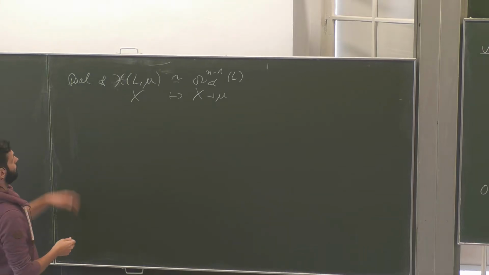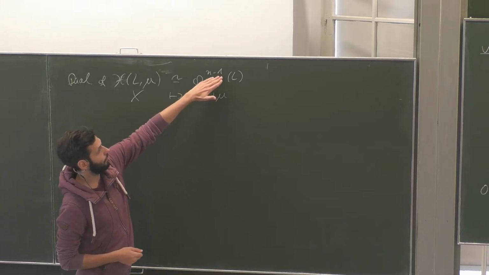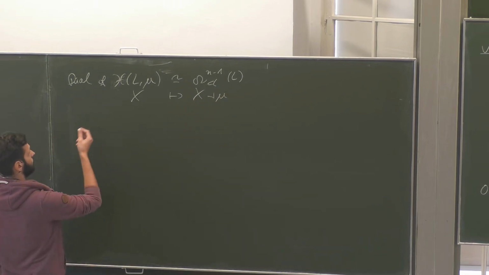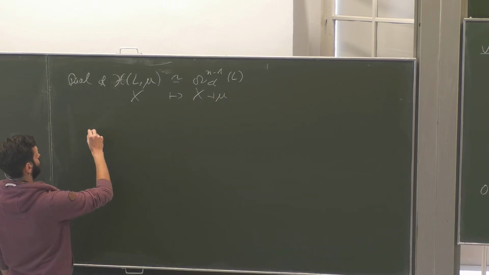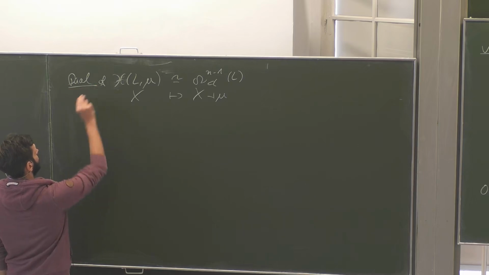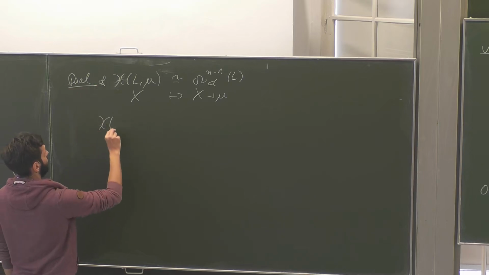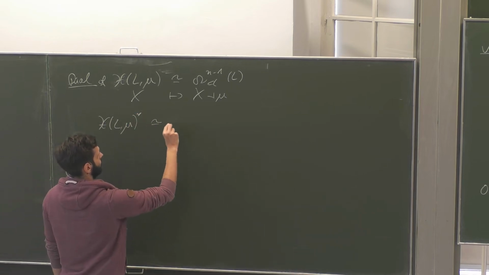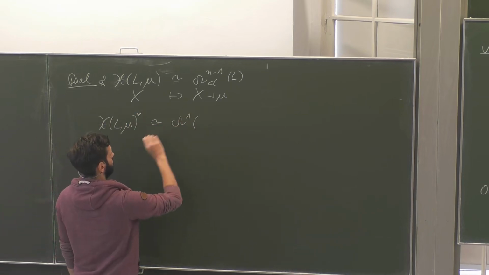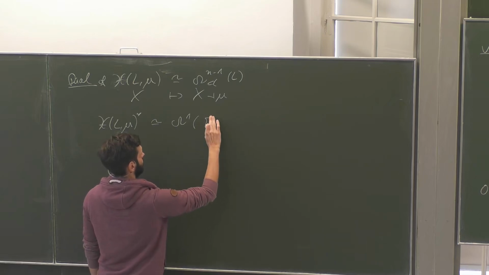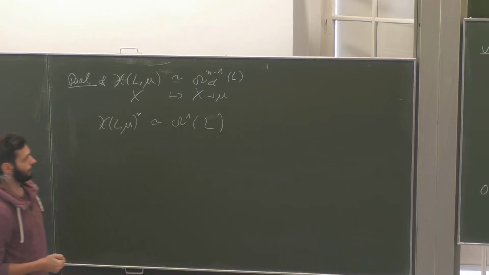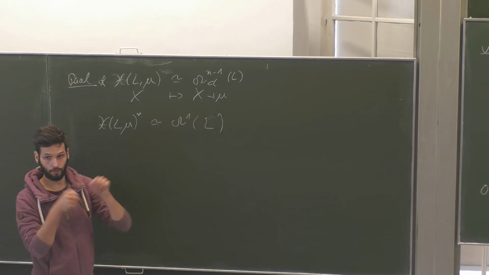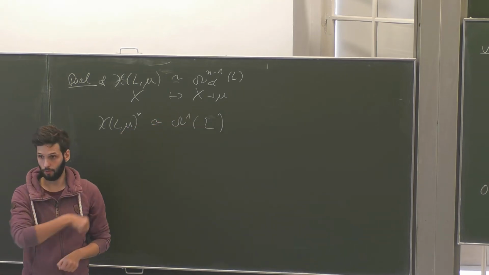So we need some pairing now of the closed n-1 forms with forms on L. A natural choice for the dual is then that we just use the one forms on L and pair them with this n-1 form to give us a full n form, and then we integrate that.